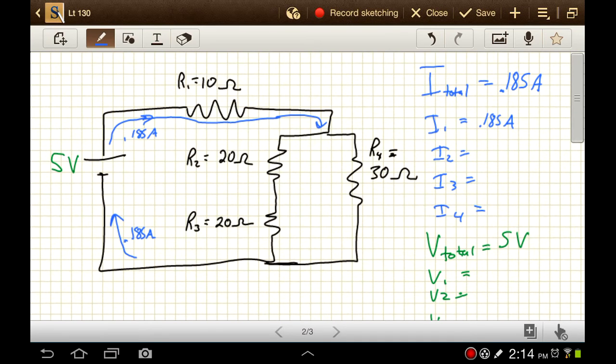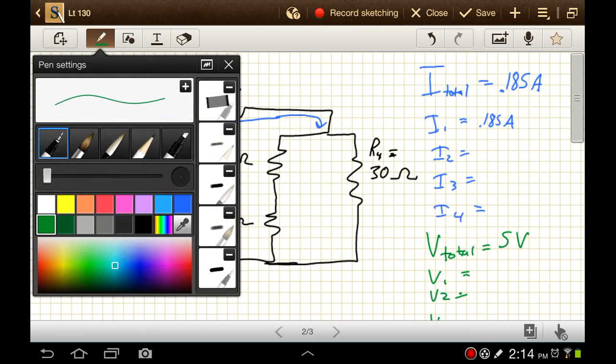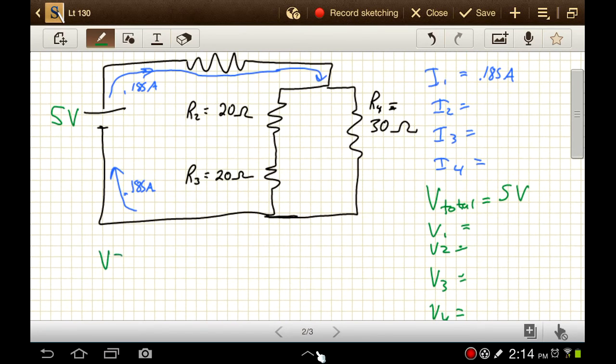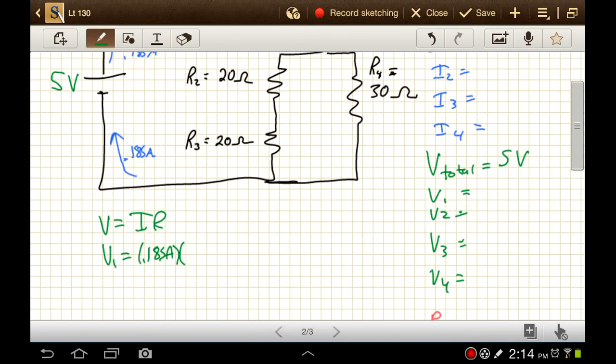So the voltage drop of that R1 value must be V equals IR. So V1 is going to be equal to 0.185 amps times the resistance, which is 10 ohms. And we get 1.85 volts.